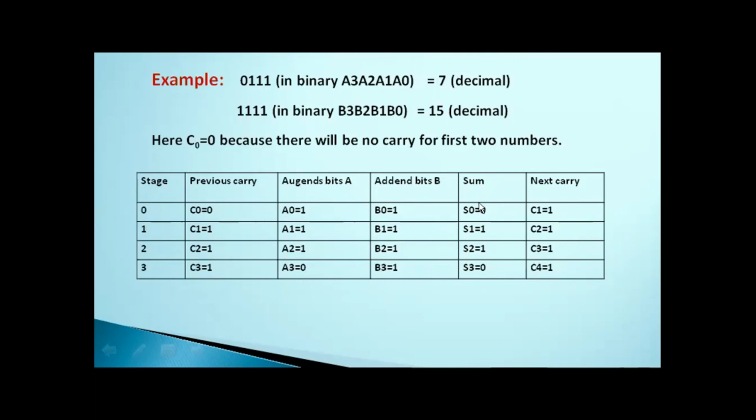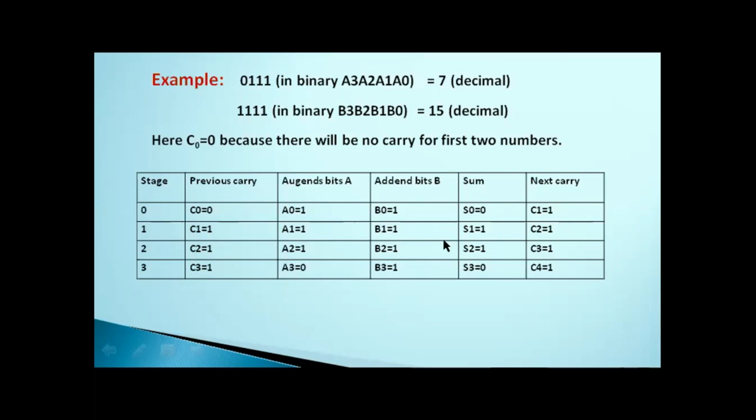Sum will be 0 and carry will be 1. This carry will be passed to the next stage, that is C1 equal to 1, A1 equal to 1 and B1 equal to 1. What is the sum of these three bits? 1 plus 1 plus 1. Sum equal to 1 and carry will be 1.